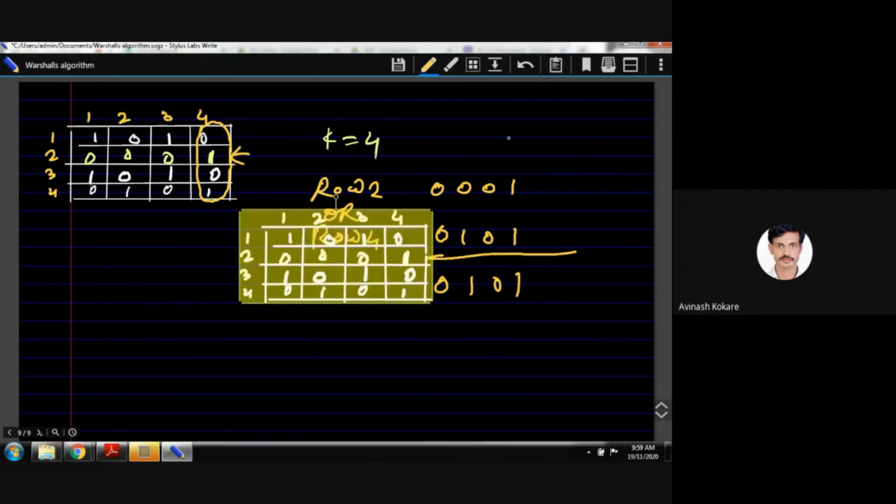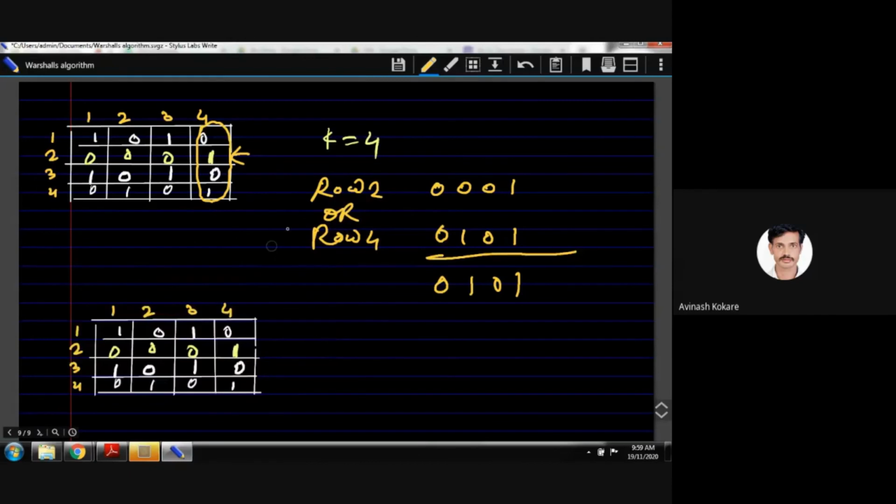So finally modify this row 2 with 0, 1, 0, 1. So this is your final transitive closure.